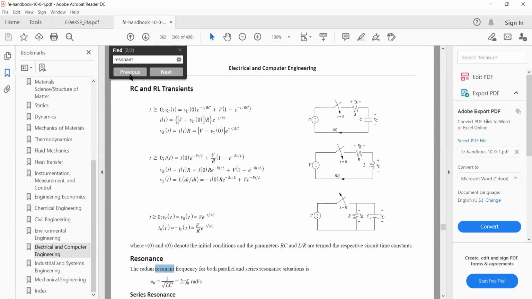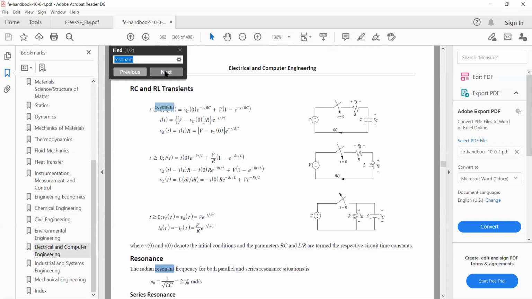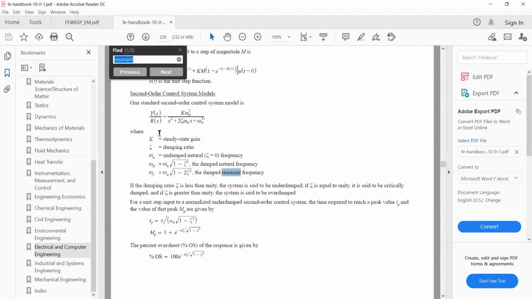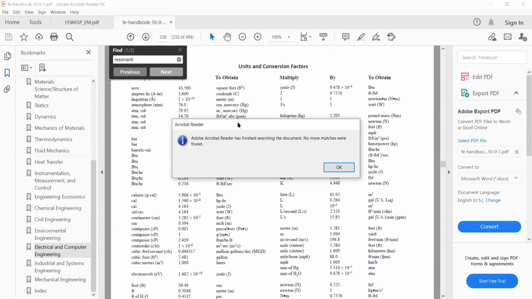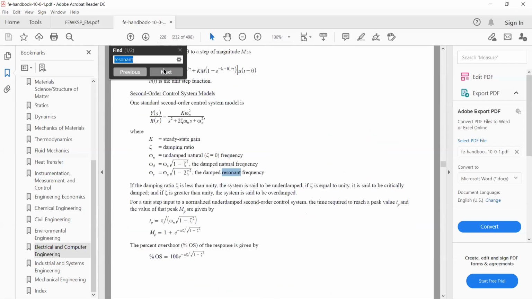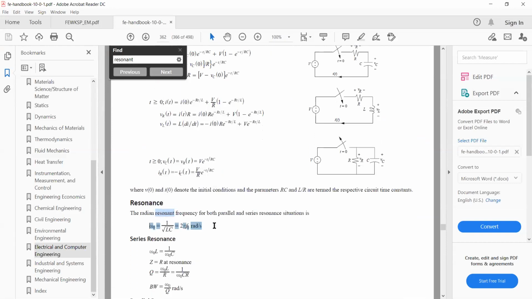I think that is what we want. Let's look at the other one really quick. Damped resonant frequency. This is control systems. No, this is not what we're looking for. The only other location for resonant in this entire handbook is here under resonance. So let's look at this equation.